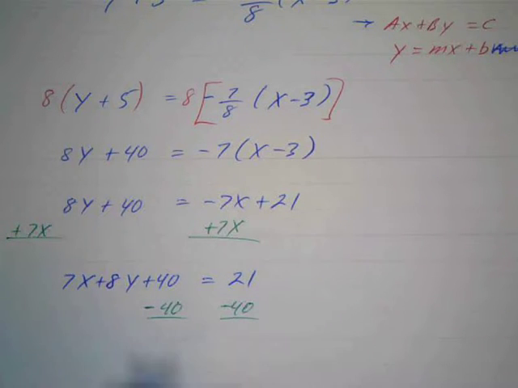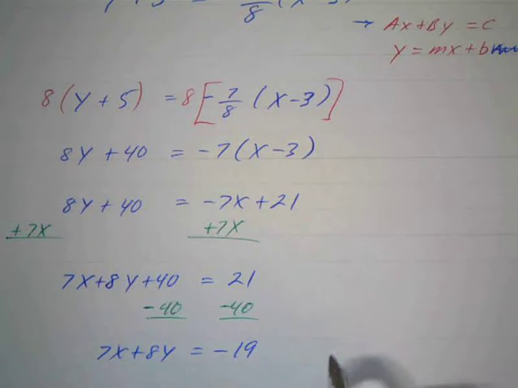And now I have 7x plus 8y equals, and that's going to be negative 19. So now we took the same line and put it in standard form. Your A equals 7, your B equals 8, and your C equals negative 19. So you see you can put it in any form. So that's a pretty good review of those other two transformation techniques. Hope that helps.